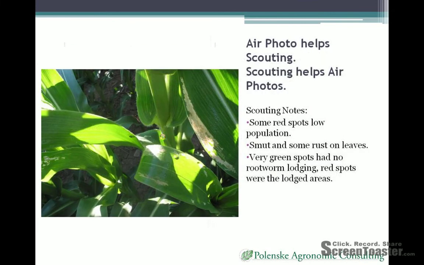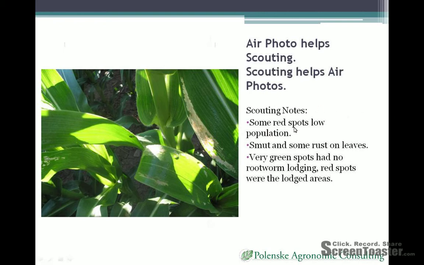One thing I wanted to stress was that field verification is very important, and like I have written here, air photos help scouting, and also scouting helps air photos. Some of my scouting notes are: some red spots are low population. So it wasn't always a nutrient; possibly in comparison there wasn't as much leaf area out there because it was low population.